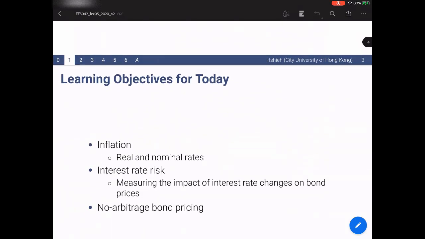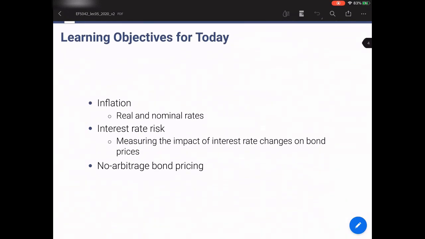So our learning objective today is to begin by understanding what inflation is and how we can actually extract inflation from nominal interest rates and ultimately give us what we call the real interest rate, which is supposed to represent interest earned after accounting for changes in prices over time.